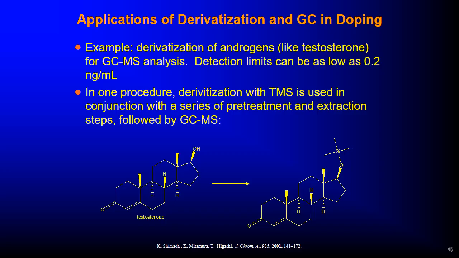In one procedure, derivatization with trimethylsilane is used in conjunction with a series of pretreatment and extraction steps followed by gas chromatography. So you can see testosterone here, and then there's a derivatization so that the OH group is derivatized to this particular non-polar group.